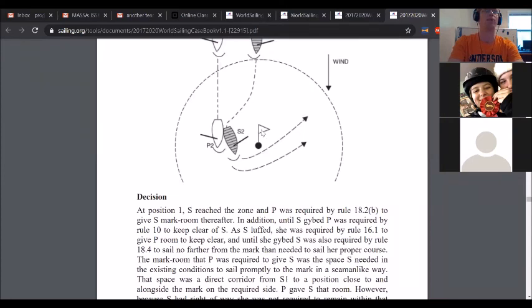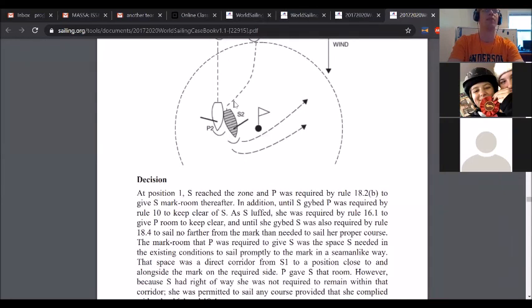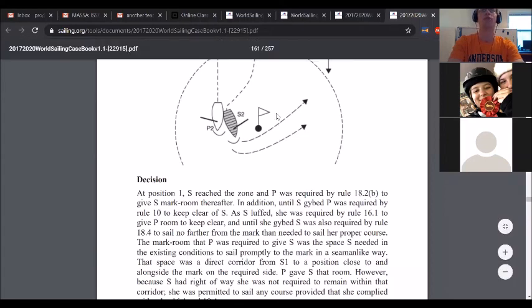They were following their proper course. Their proper course might have even been to go farther out. Who knows? But they had not broken Rule 18.4 by this. If we were to imagine the other possibility where the starboard boat does make the port boat jibe and then keep sailing, and the port boat is just stuck here, now he's on starboard but is the windward boat, and they both keep going that way, that would very obviously not be proper course for this gray hash boat, right?